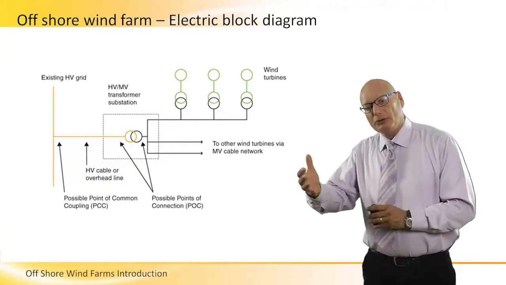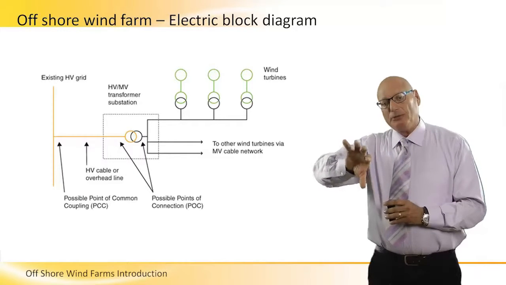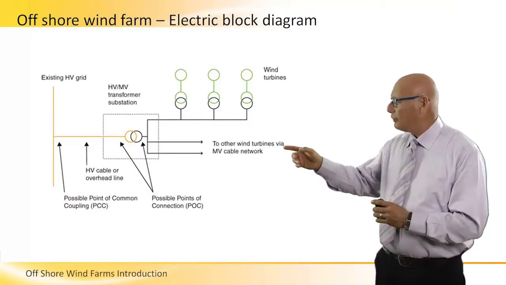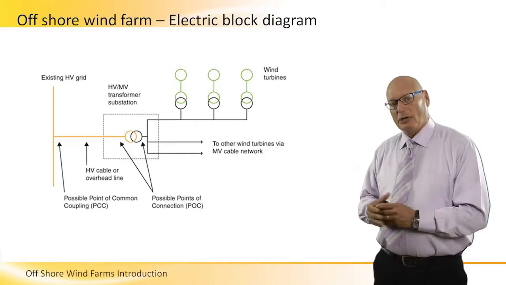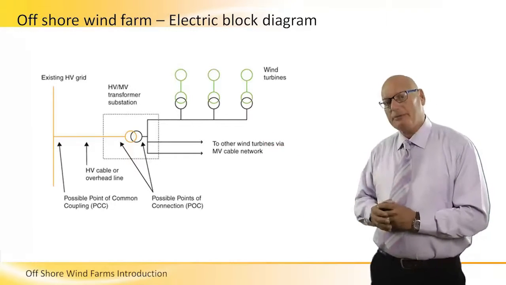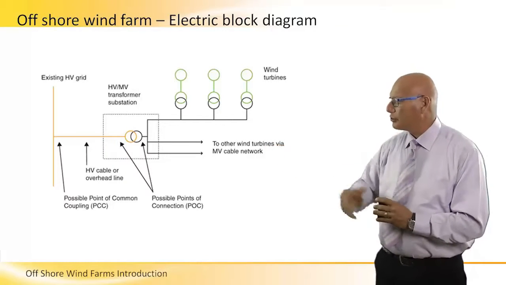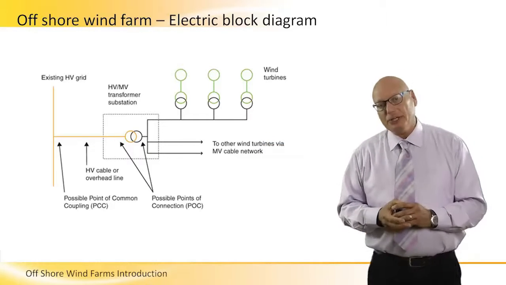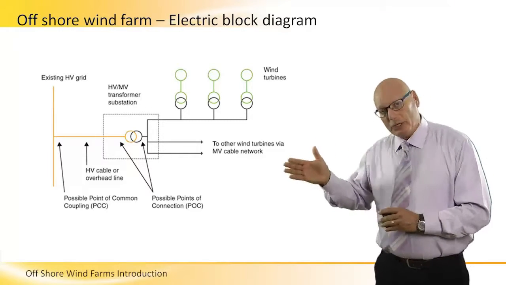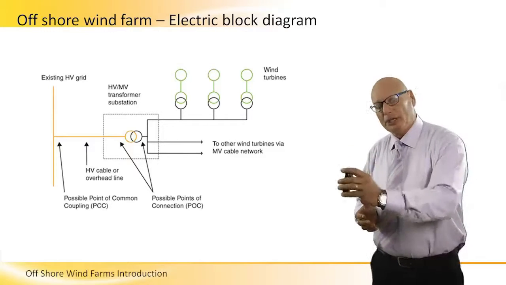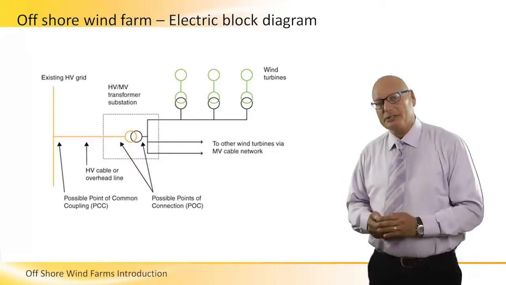This set of transformers receives medium voltage or low voltage, steps it up to high voltage, and using a high voltage cable goes several kilometers until it gets to the shoreline. After stepping up from medium level to high level, we transmit the lines up to the high voltage grid, meaning high voltage substation, and then it goes kilometers until the shoreline.